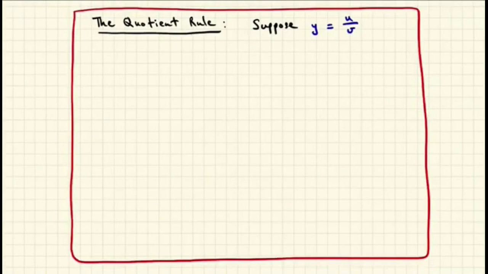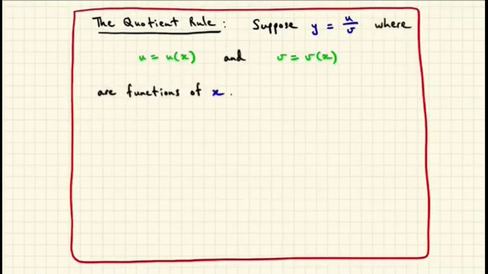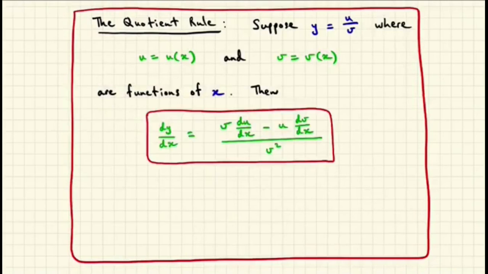Consider a function y of x, which is a quotient u divided by v, where u and v are themselves functions of x. The quotient rule states that the derivative of y with respect to x is v times the derivative of u minus u times the derivative of v all over v squared.